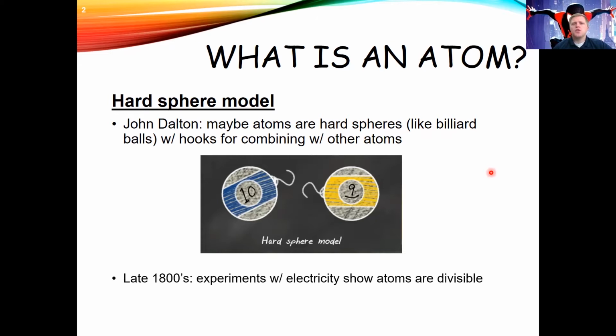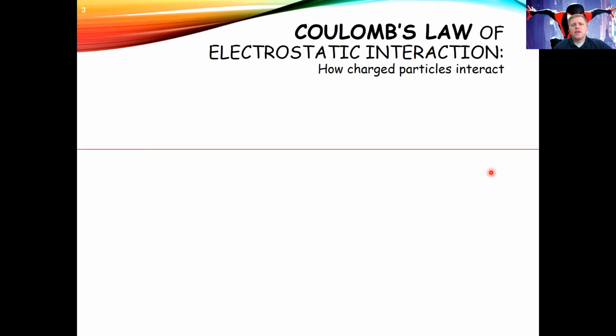Before we get too much into atoms, there's some physics we need to understand: physics about repulsion and attraction of charged particles. When you have two charged particles, if they're both positively charged, like these two, symbolized by the plus sign in the middle of them, they're going to repel each other and try to get away from each other.